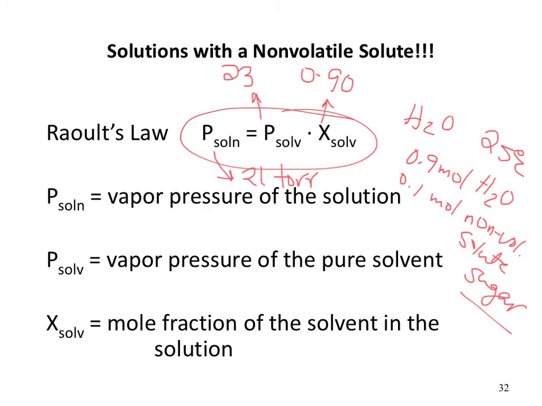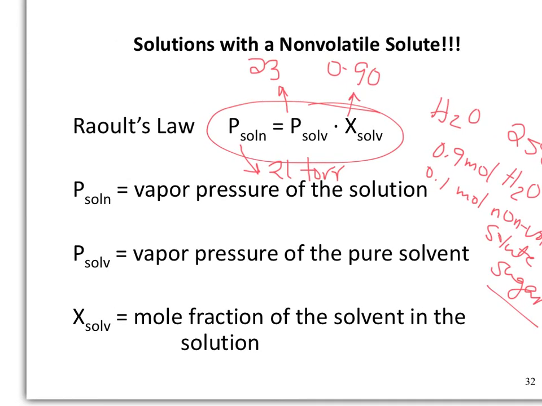So another way of writing this relationship would be, let's maybe change the color. If we are saying that delta P is the lowering of vapor pressure, so I'm saying that's the P naught solvent minus P solution, right? And Raoult's law is essentially P solution is equal to P solvent times chi solvent, and we know that chi solvent is 1 minus chi solute.